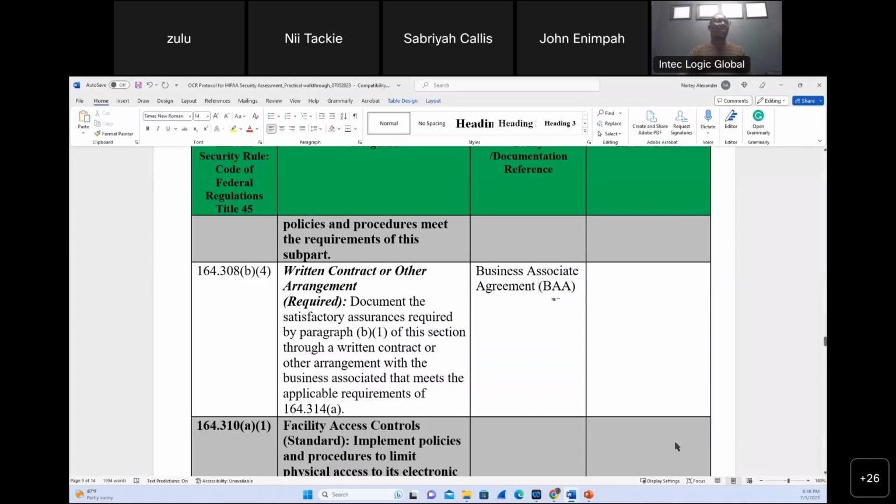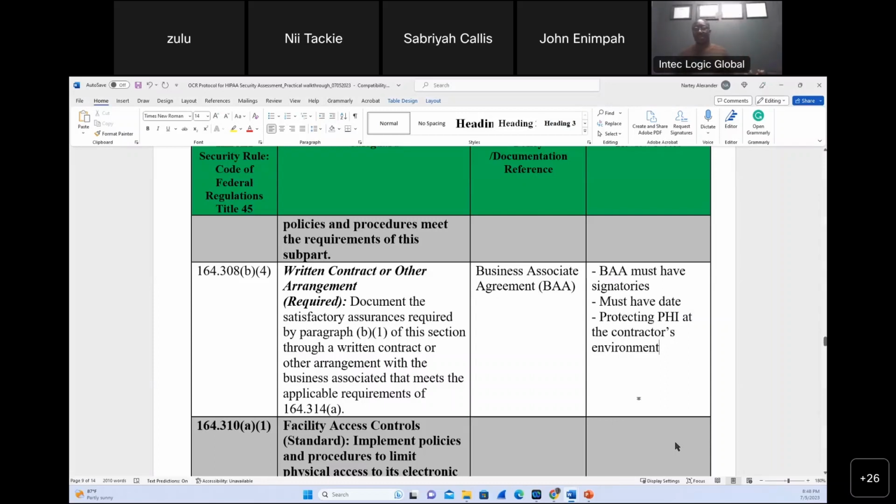And when you are reviewing the BA document of an existing vendor engagement that they have signed, one, you have to make sure that all signatories have signed, because a document without a signature is not binding.